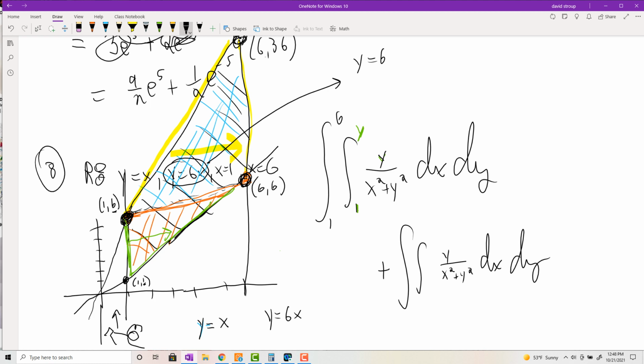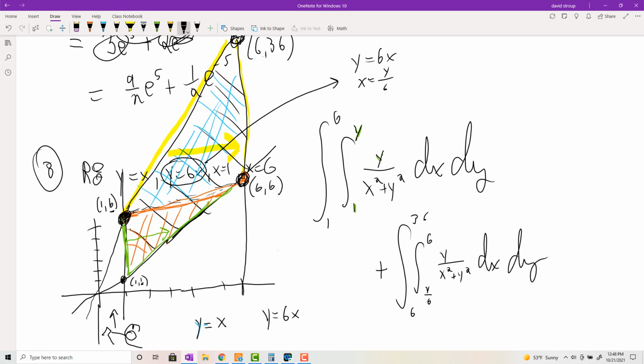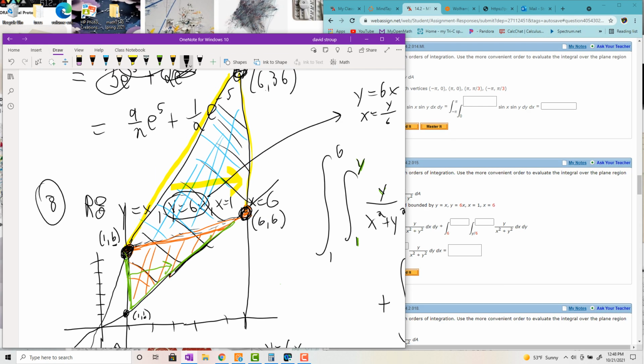So y equals 6x, x equals y over 6. So x equals y over 6 to x equals 6. And then on the y-axis, I'm going from 6 to 36. Okay, and that is not an integral I wish to do, but I think the question asks for that answer, so I need to.